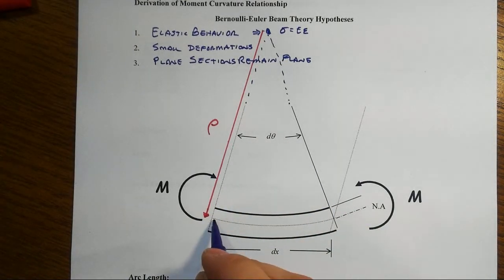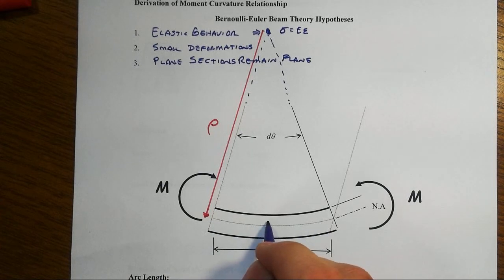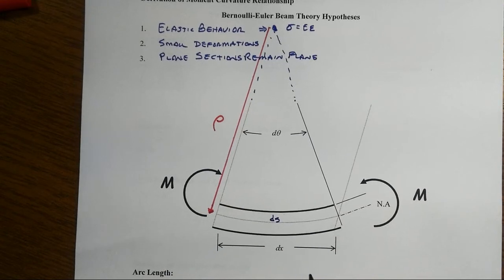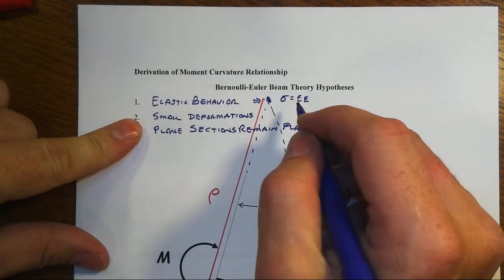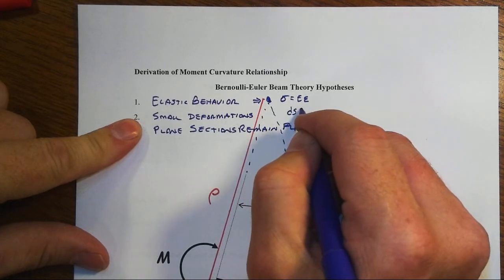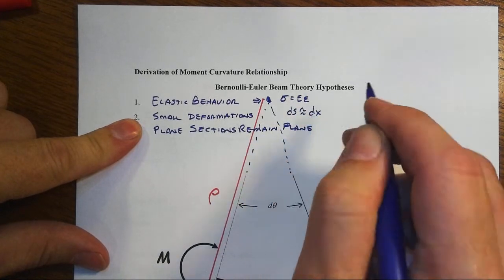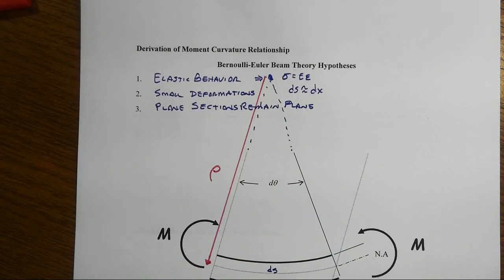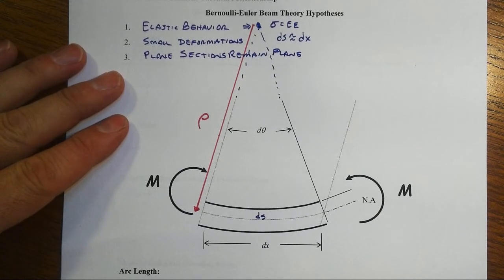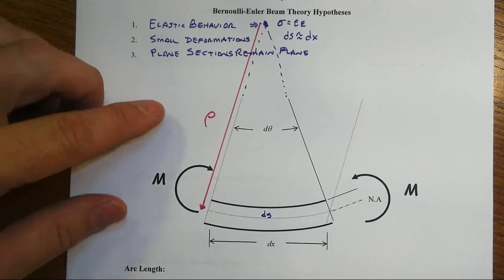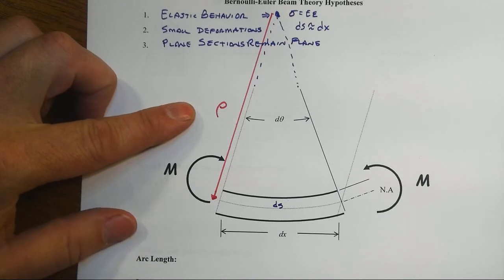Right now along this arc, that would be ds, and the projection of that down on the horizontal axis would be dx. With small deformation theory, we're going to say that that arc length is approximately the same as our dx, or if you want to say it the other way around, the ds is the exact, the dx is the approximation part of this. Right? So that's a small portion of this, and then we just apply what we already know.